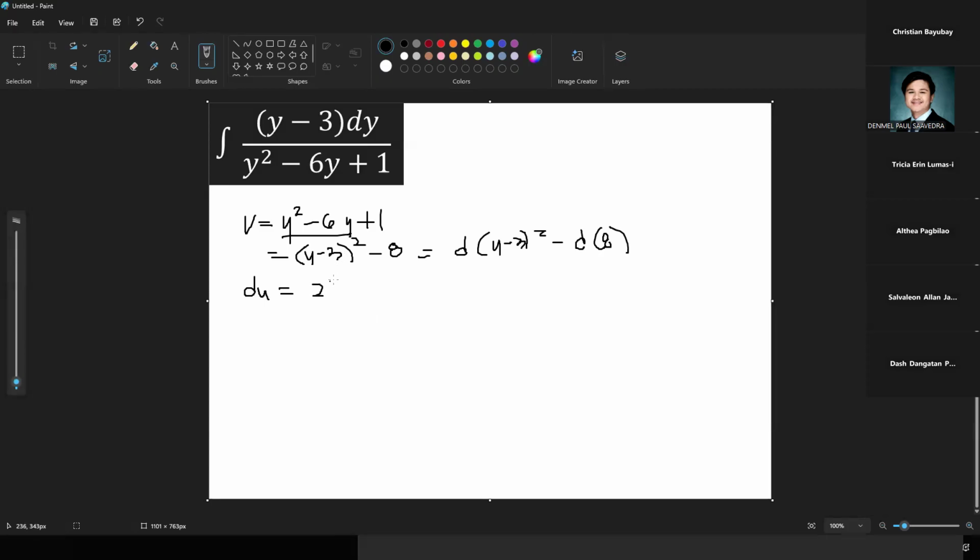Bringing down the 2, and then y minus 3, and then deriving what is inside, the derivative of y minus 3. So this one is equal to 2 times y minus 3, and the derivative of y minus 3 is 1. That's for the first one. The other one is the derivative of the constant, and the derivative of any constant is 0. So if we simplify this, the du is 2 times y minus 3.